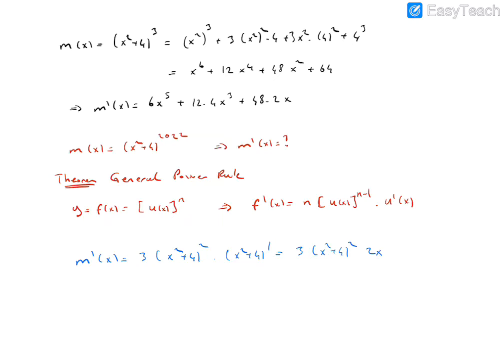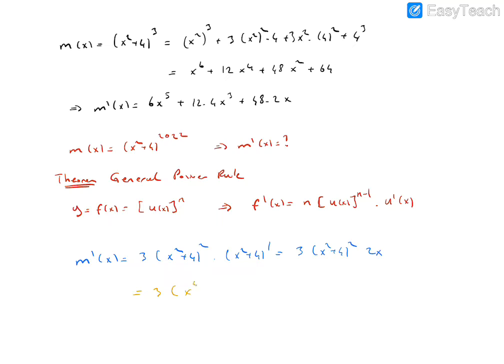Also, now you can calculate the derivative of x squared plus 4 to the power 2022. This seems different, but if you calculate, you can verify these are the same. Let's calculate and observe this fact.